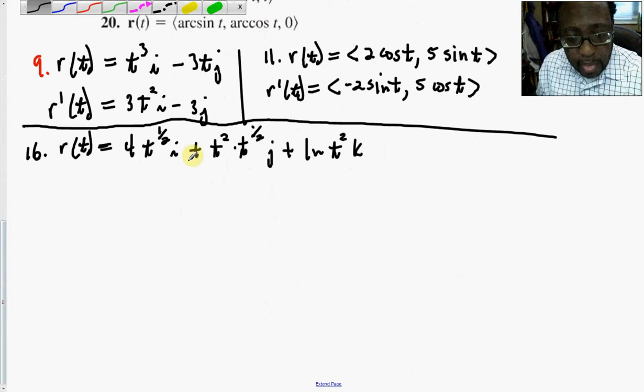So for r prime, for the j position, we can combine those two, or you can use the product rule. It doesn't matter. Let's go ahead and combine them first.